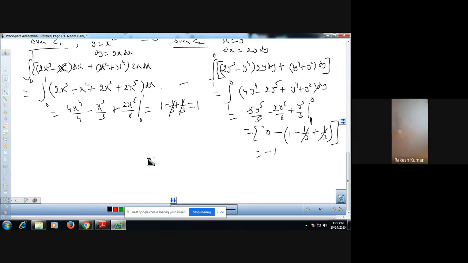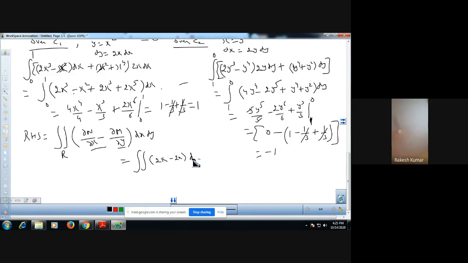Now, let us verify whether the right hand side also comes out to be 0 or not. So right hand side is double integral over R, that is del N by del x minus del M by del y into dx dy. And we know that both have values 2x, 2x.